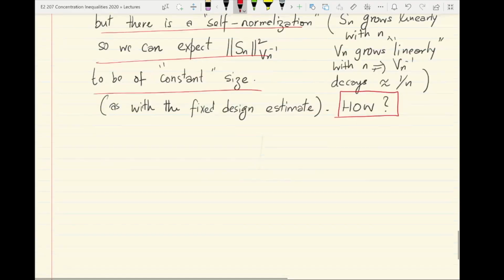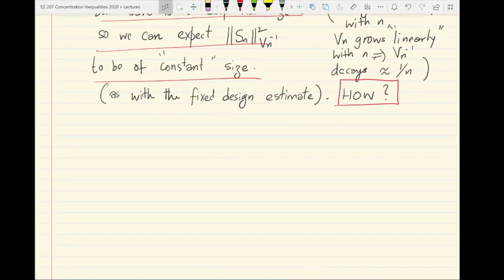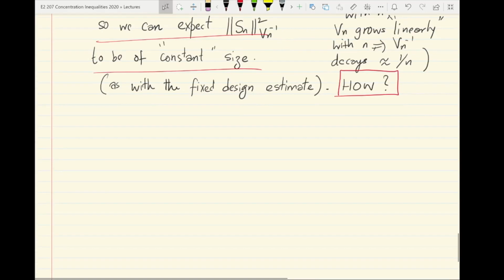Okay, so here's a result that we will prove for concentration of the adaptive regression estimate using a new technique which we will call the method of mixture. This theorem is essentially inspired by the paper of Abbasi-Yadkori et al.